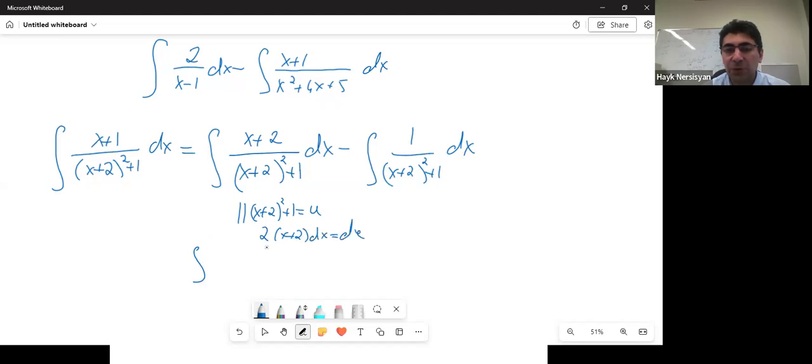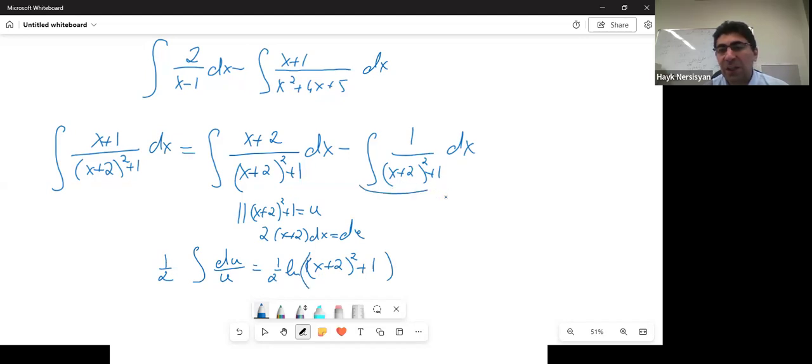We have x plus 2 terms, 2 is missing, so 1/2 du divided by u, which is 1/2 logarithm modulus u, or just x plus 2 squared plus 1.